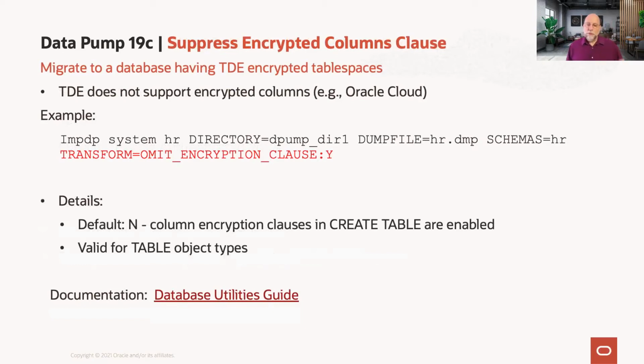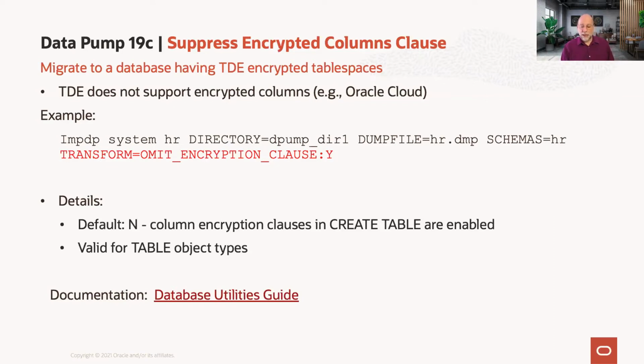So when you're moving a database into tablespace encryption, one thing you can't do, if you had the older style of encryption, encrypted columns, which was introduced, I think, in 10.2. So that was before tablespace encryption existed. If you want to take a table that has encrypted columns and move it into an encrypted tablespace, that was an issue because you can't put an encrypted column in an encrypted tablespace.